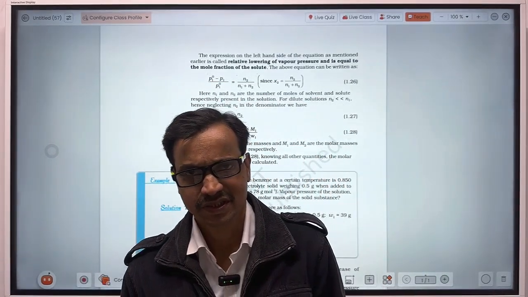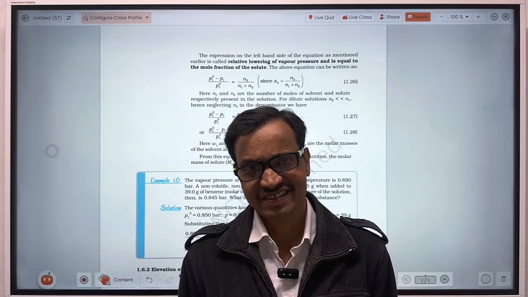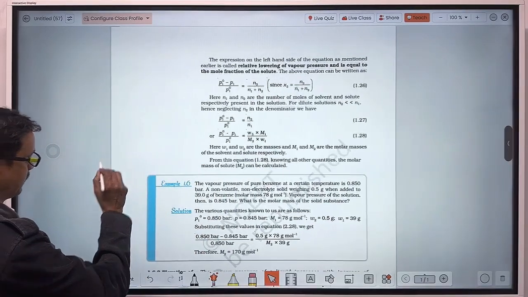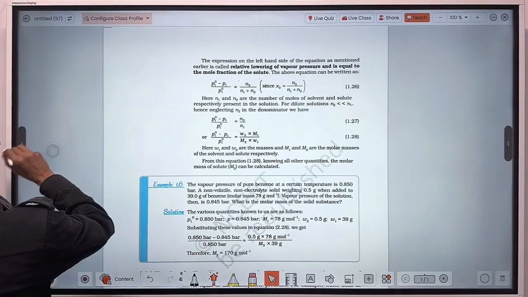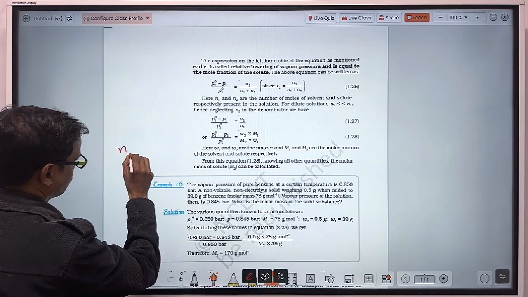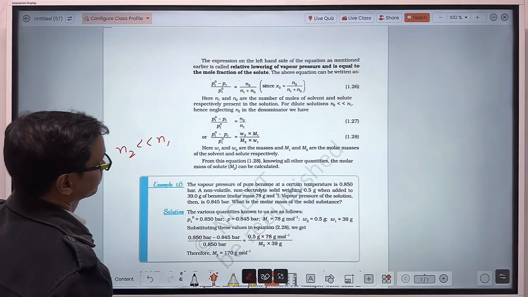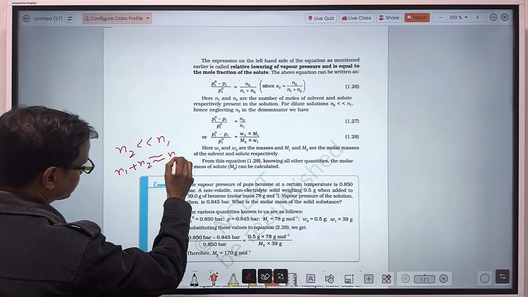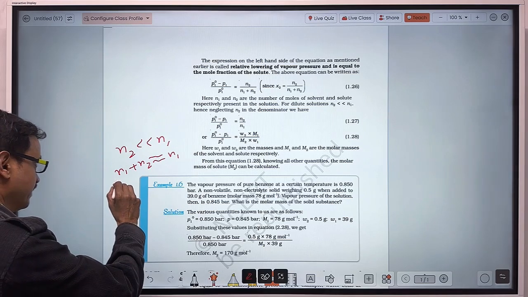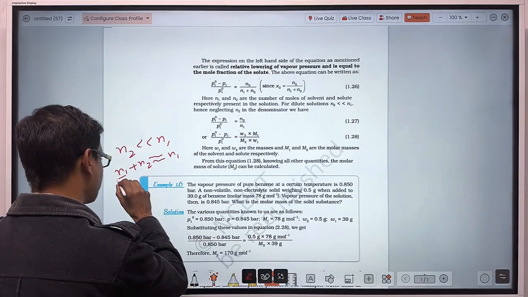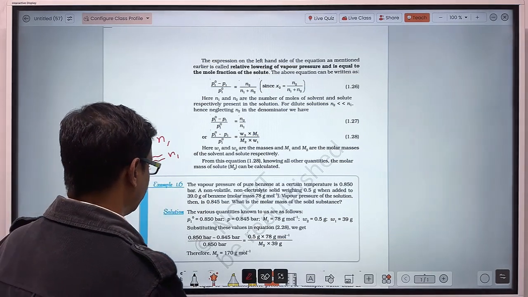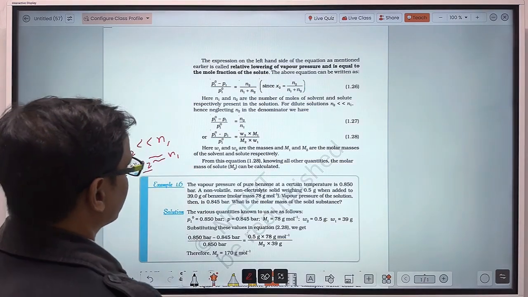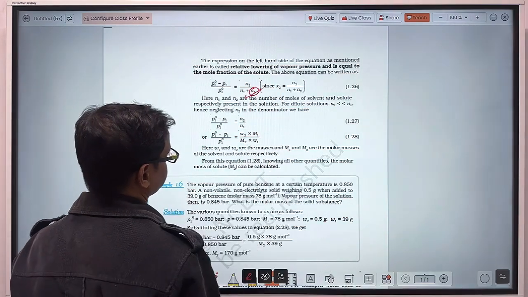So N2 will be very less than N1. That's why N1 plus N2 will be nearly equal to N1. That means the number of moles of solvent plus the number of moles of solute will be approximately equal to the number of moles of solvent only. So this value can be ignored.